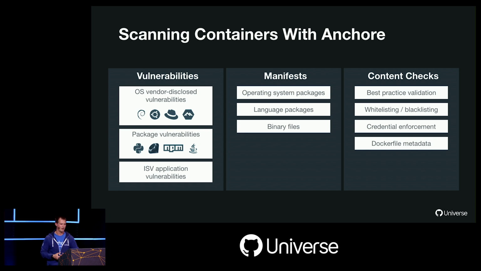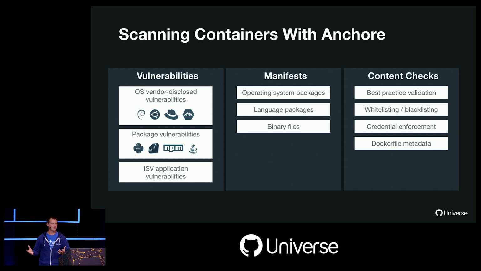So first, the thing that most people understand right away is vulnerability matching, right? Anchore can do vulnerability matching against the OS packages, so things like RPMs, debs, your distribution packages, as well as language or application packages: NPMs, Ruby gems, Python files, Java jars, things like that.